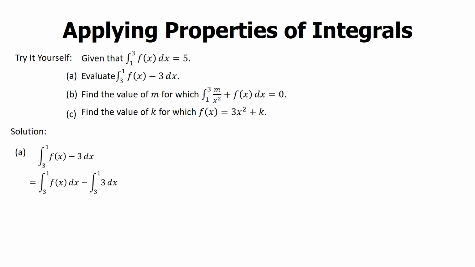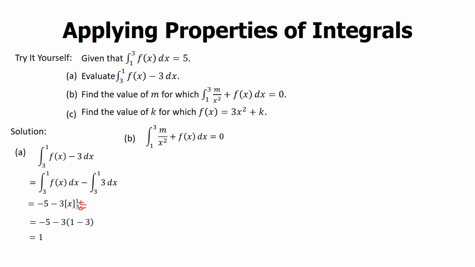The limits have swapped, so integration from 3 to 1 f(x) dx will equal negative 5. Then we integrate 3, we get 3x, with limits 3 to 1. Substitute x equals 1 minus substitute x equals 3, and when we calculate, the answer will be 1.